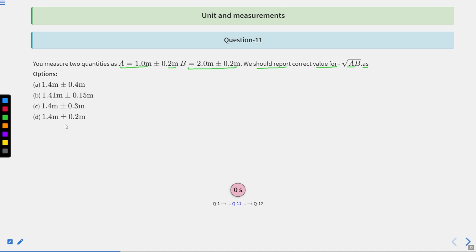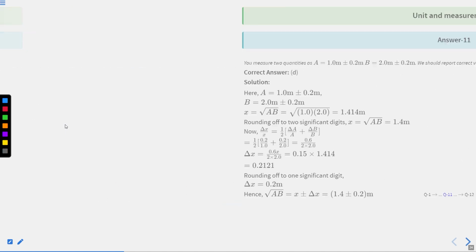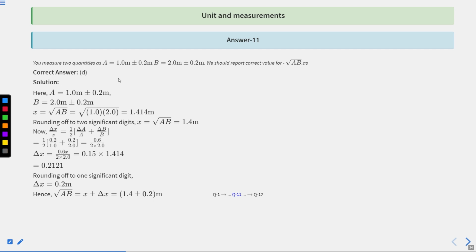Let's find a solution. Here A is this and B is this. X equal to under root AB. After calculating, it becomes 1.414 meter. Rounding off to two digits, x equal to under root AB is 1.4 meter.